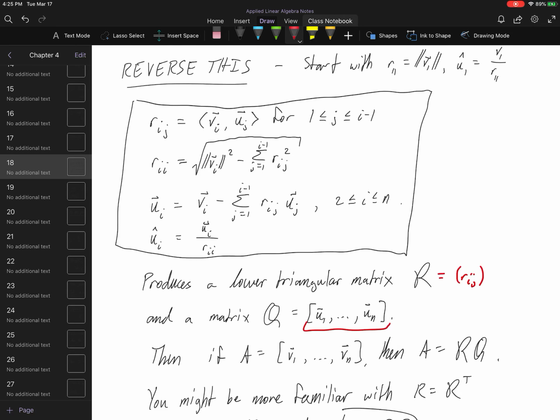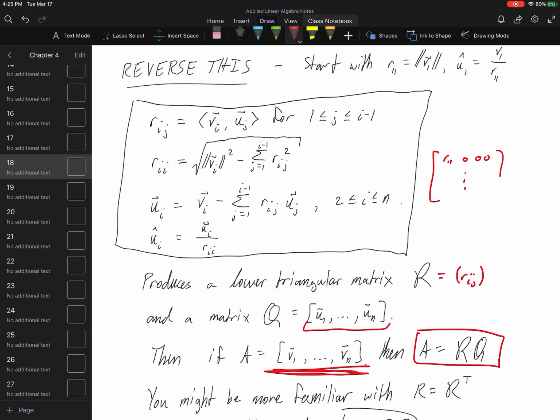If we were to think of these as reproducing the original basis, that basis would be something that we could encode in a matrix, call it A, and then A would be exactly the following, where we have this R times Q construction. And you can double check this.